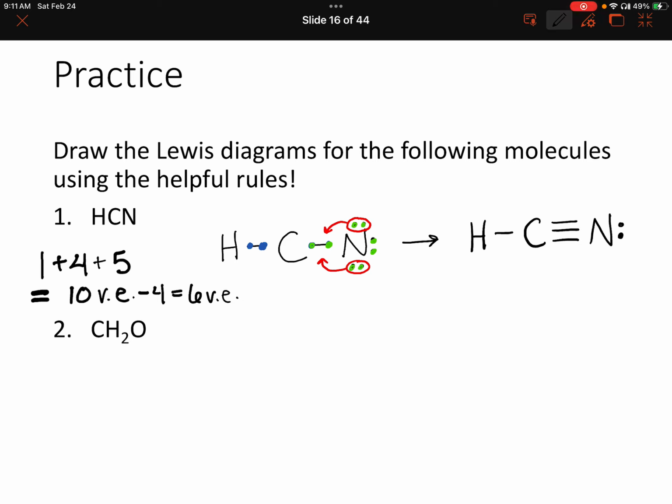Okay, let's double check, make sure everyone's happy. So hydrogen has 2, we already said it's happy. And now carbon has 1, 2, 3, 4, 5, 6, 7, 8 valence electrons. So carbon is finally happy.